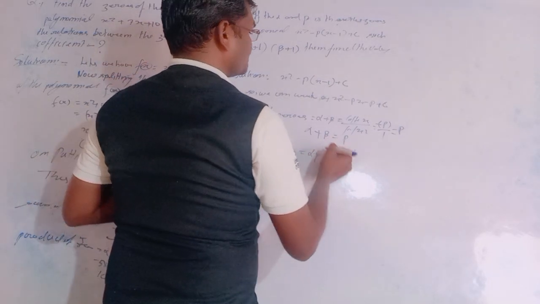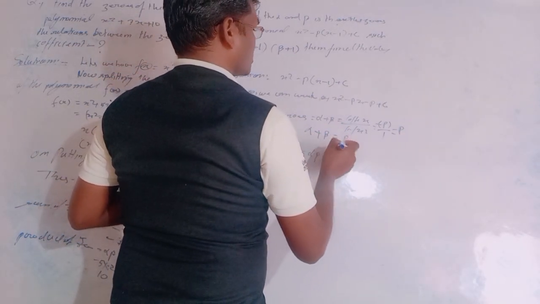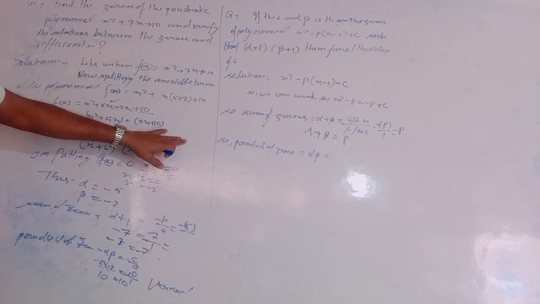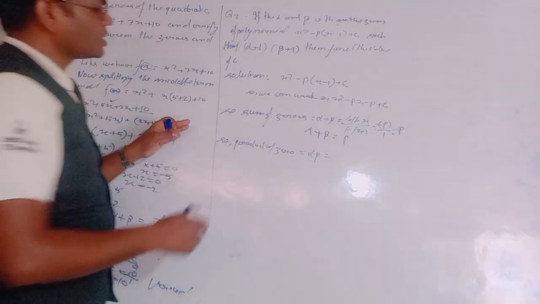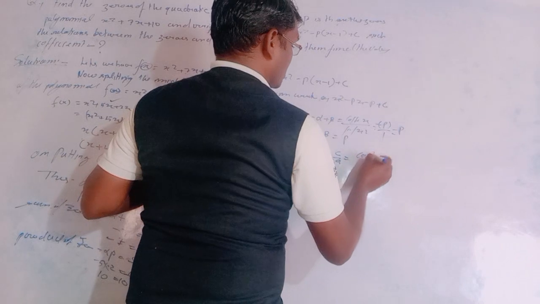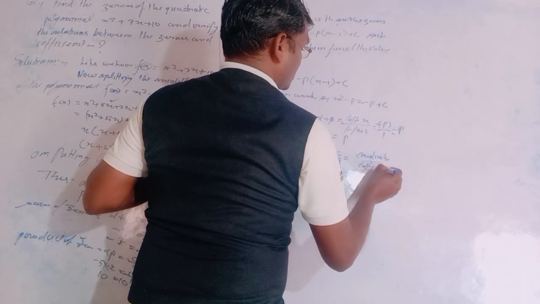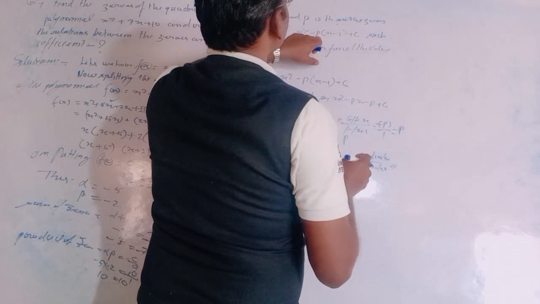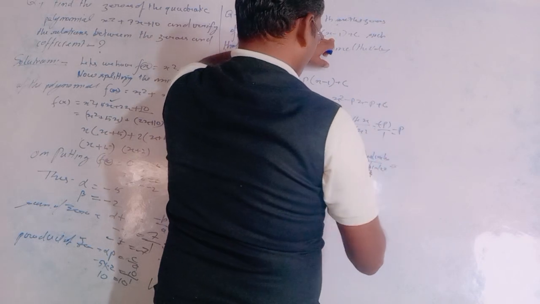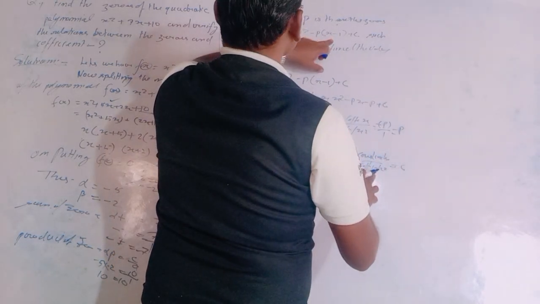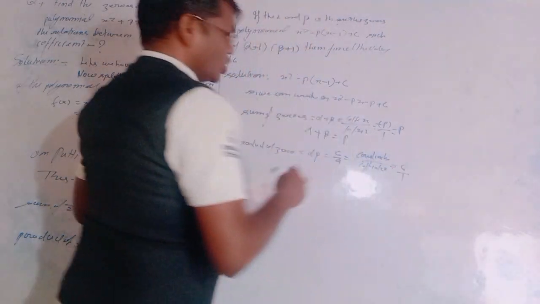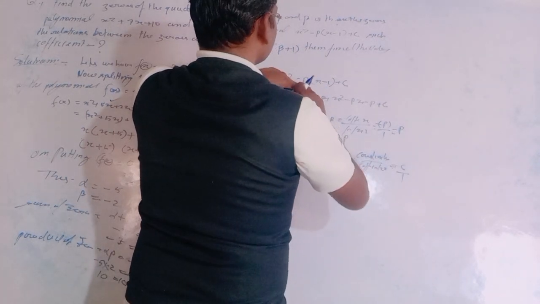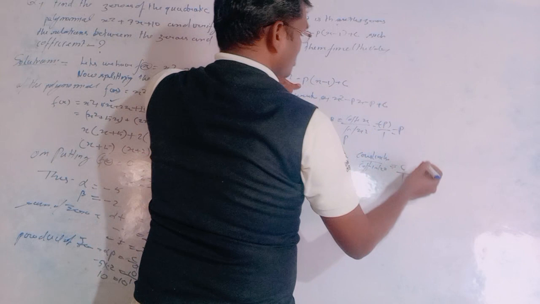And the product of zeros, alpha into beta, is equal to the constant term upon the coefficient of x square, that is c by a. Here the constant term is c, and the coefficient of x square will always be 1.